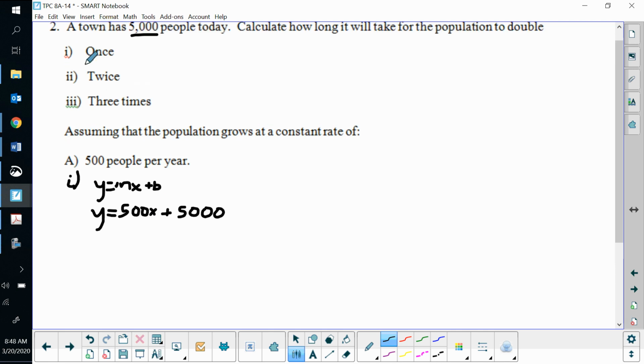So part I, we want to know how long it takes the population to double once. Well, if you're currently at 5,000, if you double once, you are now at 10,000 people. So to solve for x, we're going to subtract the 5,000 over, which will give us 5,000.